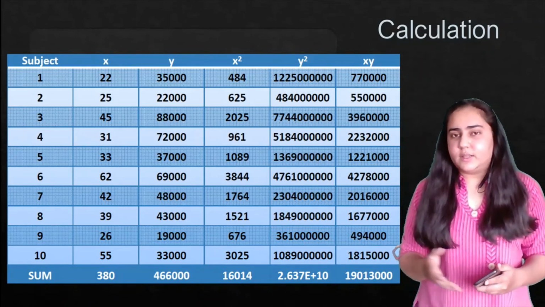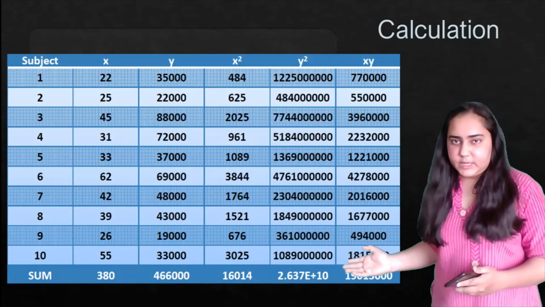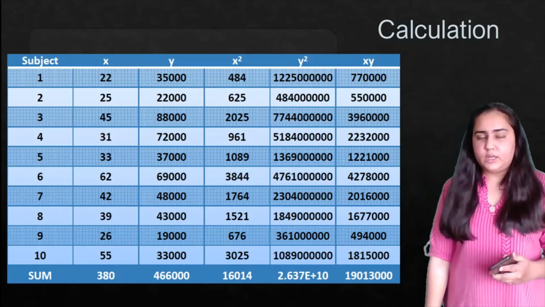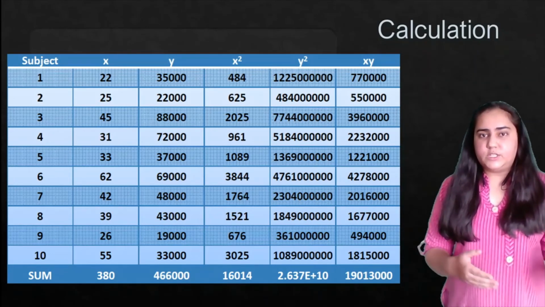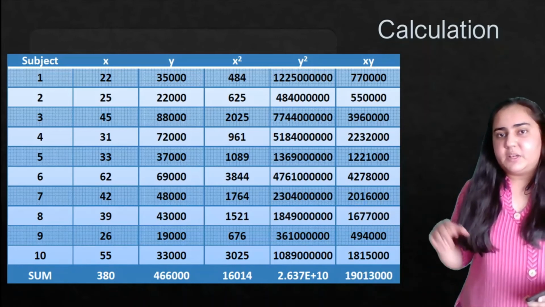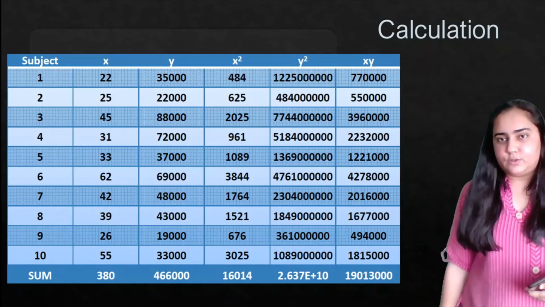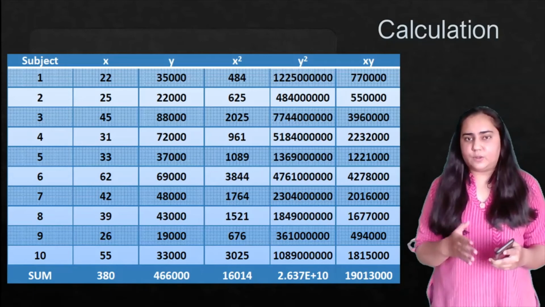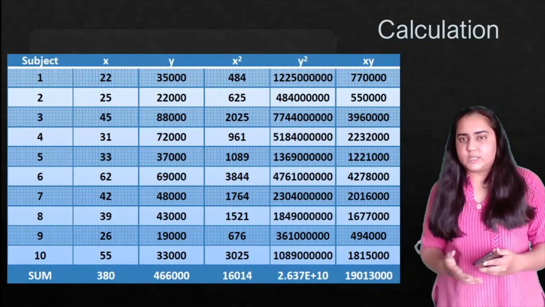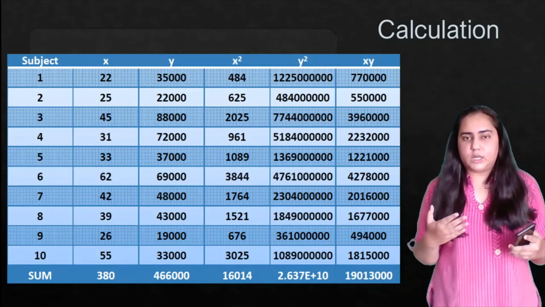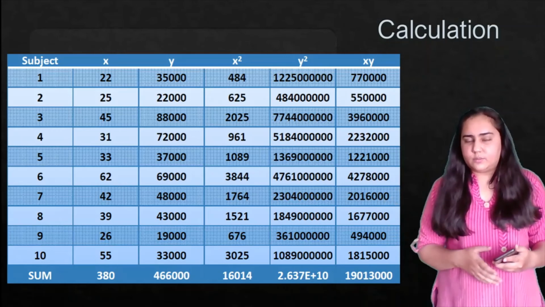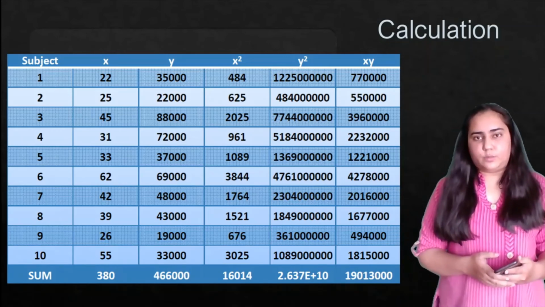And then we have taken a multiplication between X and Y. So we're just multiplying 22 with 35,000 and we are getting 7,70,000 as the first value. That is how it is calculated. We have all these columns. At the bottom, you can see everything is summed up. I have done a summation, a sigma function, applied on all the columns. So even those values are available.